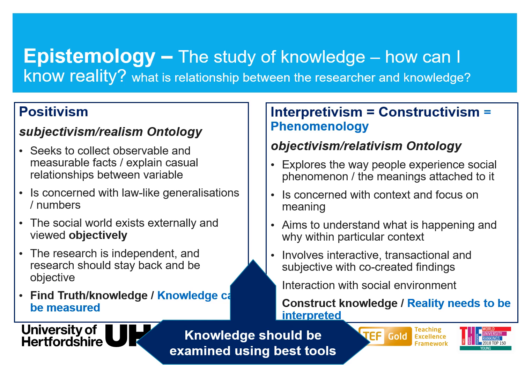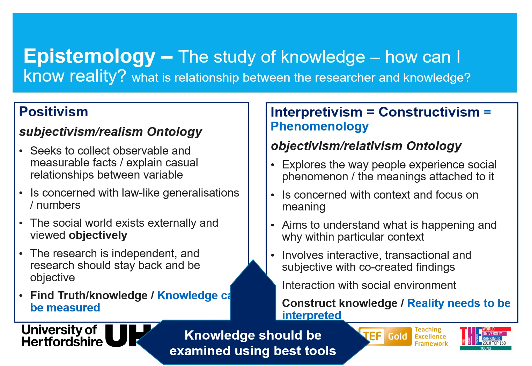While on the other hand, interpretivism is also known as constructivism. So the meaning, the way people behave, is constructed within a particular social phenomenon, which is also known as phenomenology. So interpretivism epistemology is very much in line with the objectivism and relativism ontology.